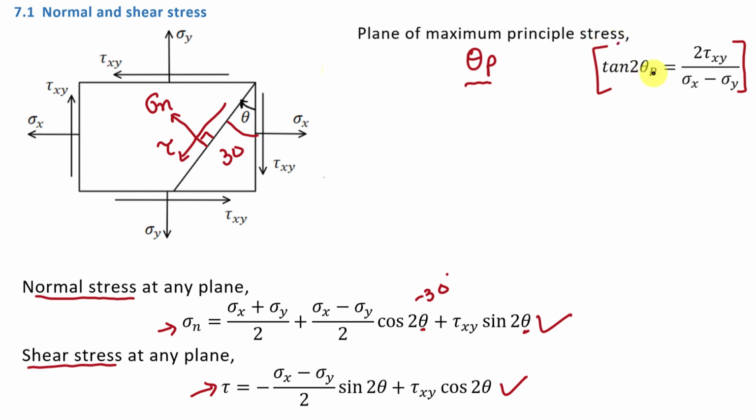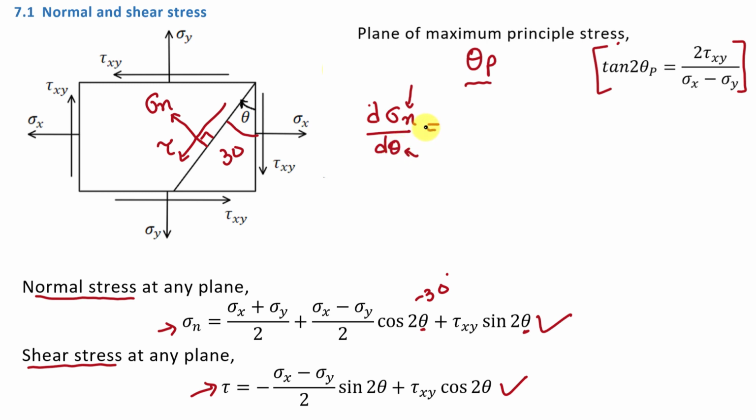Fine? And actually this equation is derived from the equation of normal stress sigma n. To derive this equation, we have to take d sigma n by d theta. Here this is the part of mathematics. If you want to find the maximum value of any variable with respect to another variable, then you have to take the differentiation of that variable with respect to that other variable.